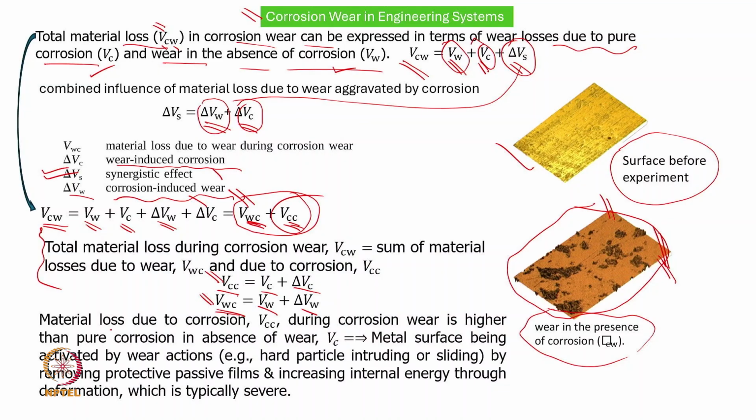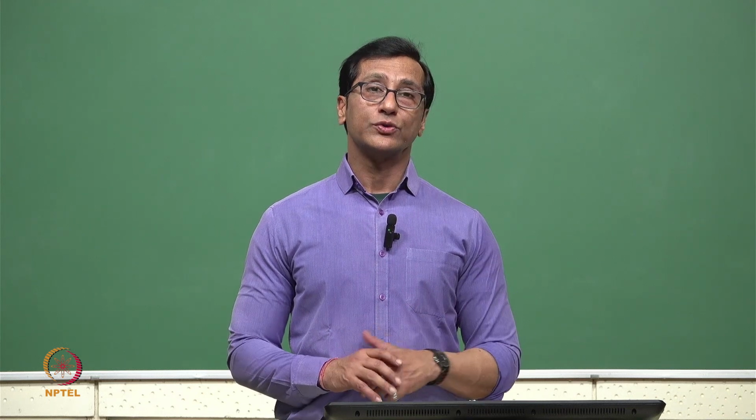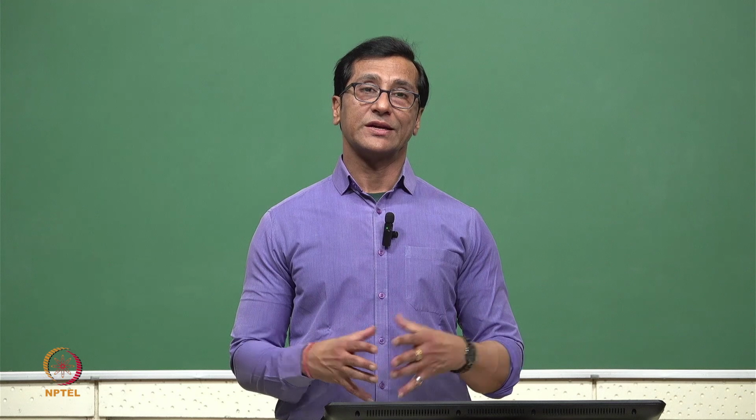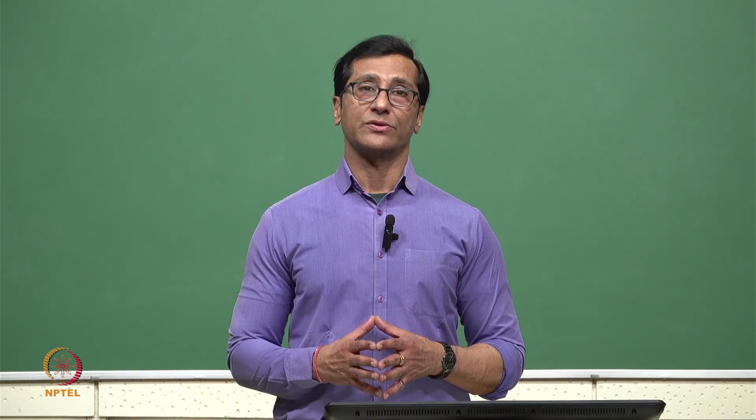So here what we are saying is that the material loss due to corrosion, the V_CC during corrosive wear, is higher than the pure corrosion in absence of wear. Now this is another very common thing. We say that whenever there is wear, material will get removed, the surface will get exposed to the environment, so there is more chance of corrosion.